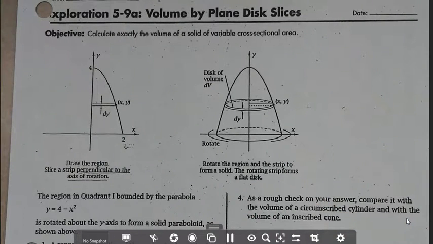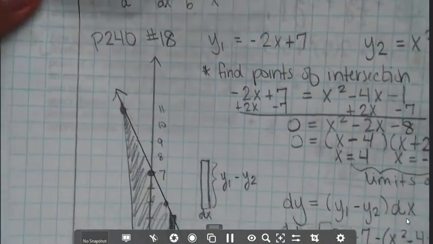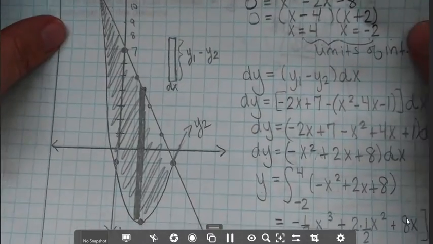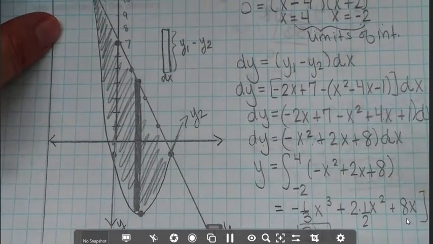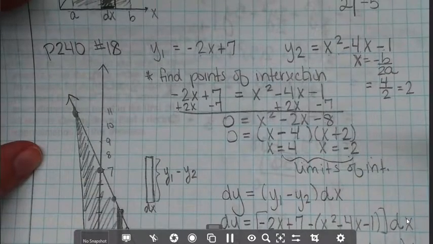Let me clarify a little bit. Last lesson we did two different examples where we were finding areas between two different curves. This was problem 18 from 5.8.